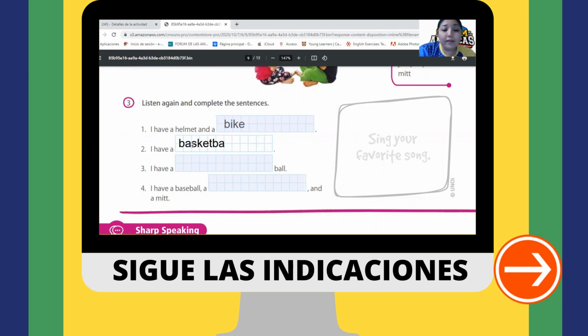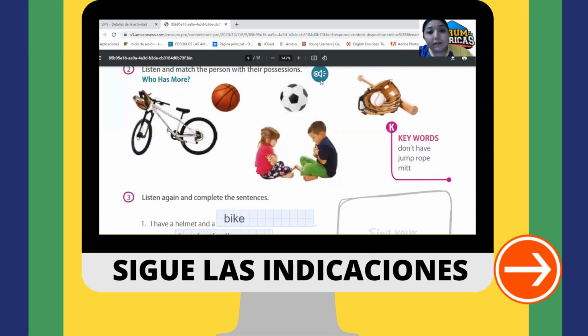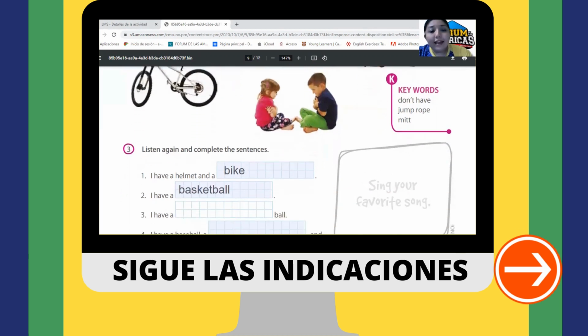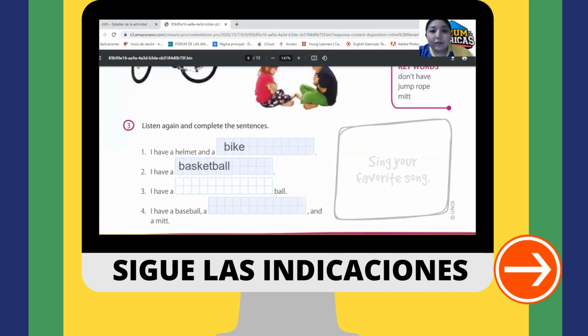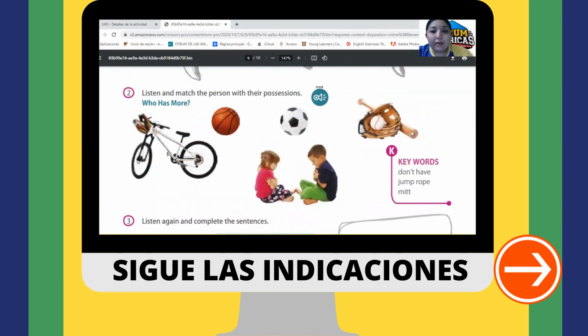Do you remember the girl said, I have a basketball? Do you remember what's the other possession the boy has? What's the name of this? Okay. And finally, I have a baseball, and a mitt. Do you remember what's the name of this object? I'm pretty sure you know.